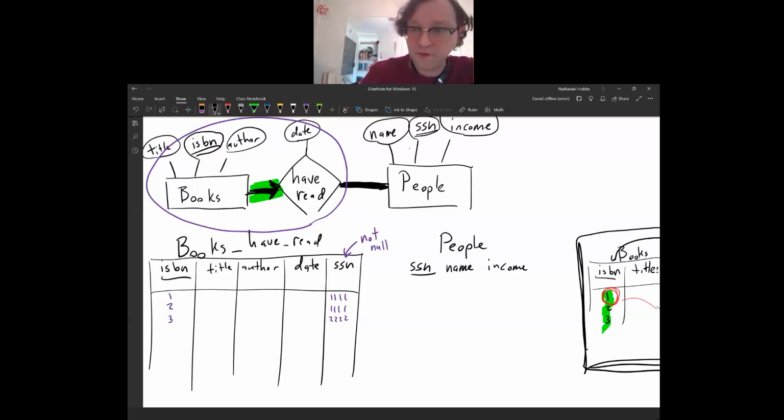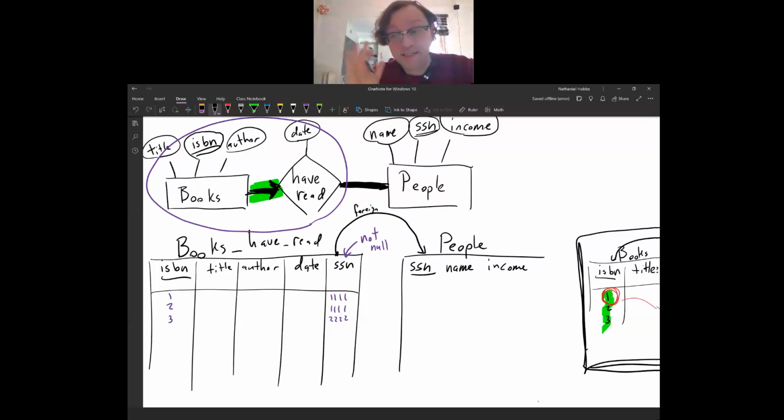Okay, so for a foreign key, before I finish the people table, this is also a foreign key. So SSN shouldn't be a composite key, but it is a foreign key. What a foreign key means is that it refers to some other column, in this case, this column.